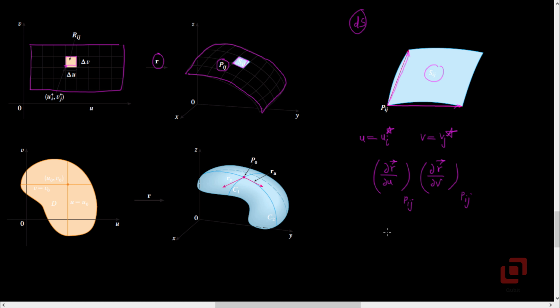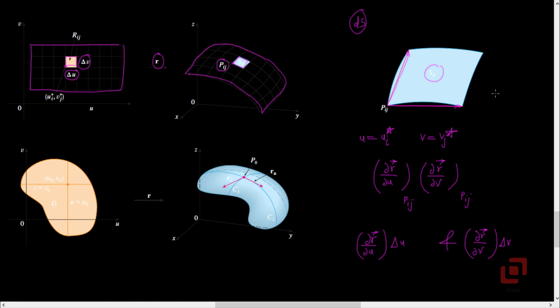By using the linear approximation, we can say that the sides of this parallelogram will be ∂r bar/∂u times delta u and ∂r bar/∂v times delta v. Now where did delta u and delta v come from? Delta u and delta v are nothing but the dimensions of the pixel with which we started.